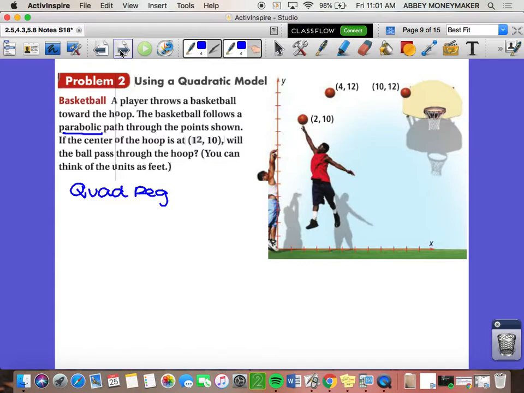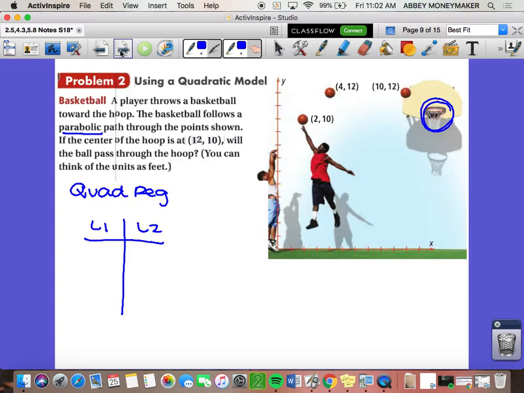Now, it says here, if the center of the hoop is at (12, 10), will the ball pass through the hoop? When you do your regression, do you include the center of the hoop in your L1 and L2? Yes or no?